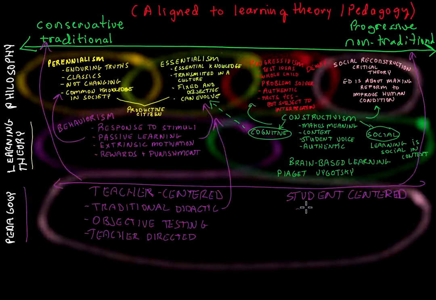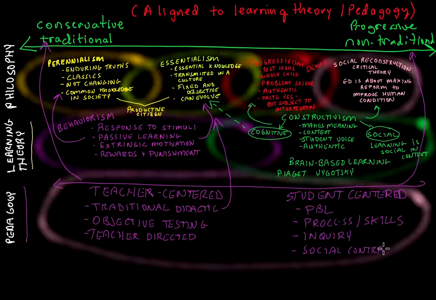Moving to the right, we get to more student-centered, with instructional practices more in line with the student doing the doing. So inquiry, project-based learning, emergent curriculum, and so on, as well as classroom management that might include social contracts, restorative justice, things of that nature. So there's a focus on process, skills, active participation by the student in making the culture as practice for democracy.